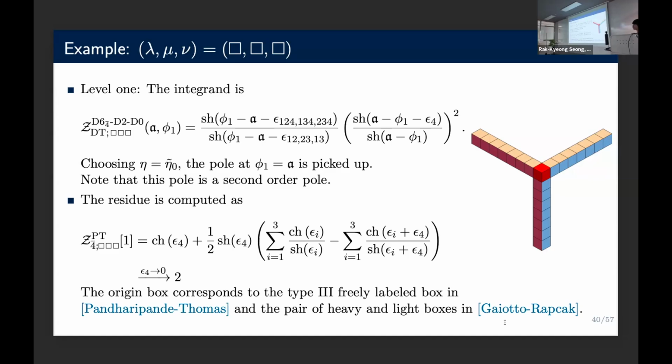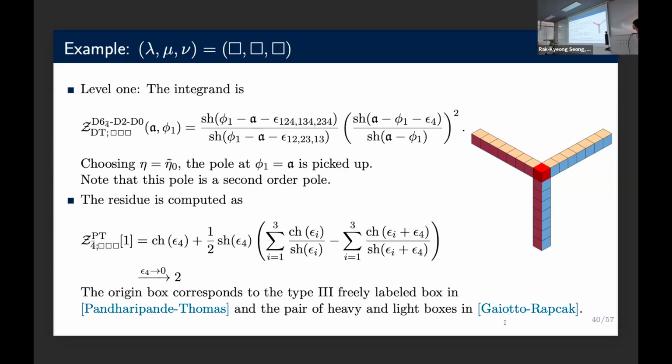If you choose the traditional eta vector 1, 1, 1, then you pick these poles here, which correspond to the poles of the minimal plane partition. But if you take the other eta vector, you get this second order pole. And then you can compute the rest, which gives the one-instanton level of this PT partition function.